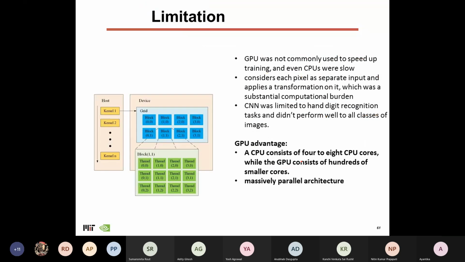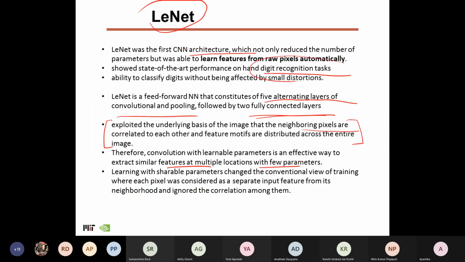But what was the problem of LeNet? LeNet considered each pixel as a separate input feature. In general, when we form a neural network structure, we consider the features as the components of the input layer.